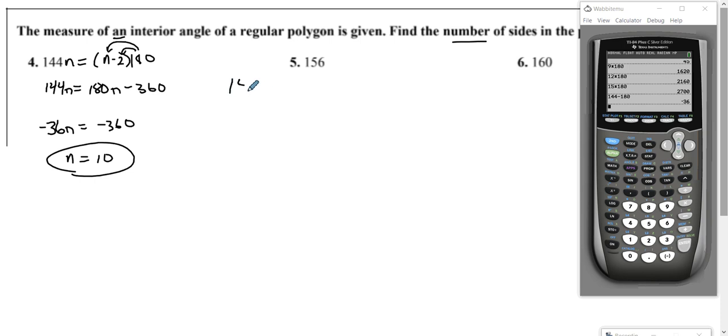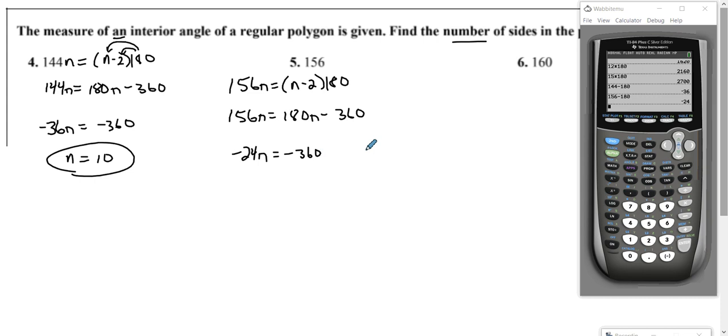There are 10 sides to this one. The second one, 156n equals n minus 2 times 180. Distribute the 180. 156n equals 180n minus 360. Subtract 180n from both sides. 156 minus 180 is negative 24n equals negative 360.